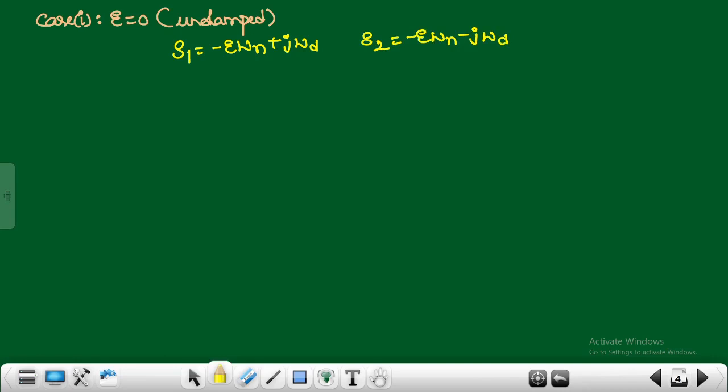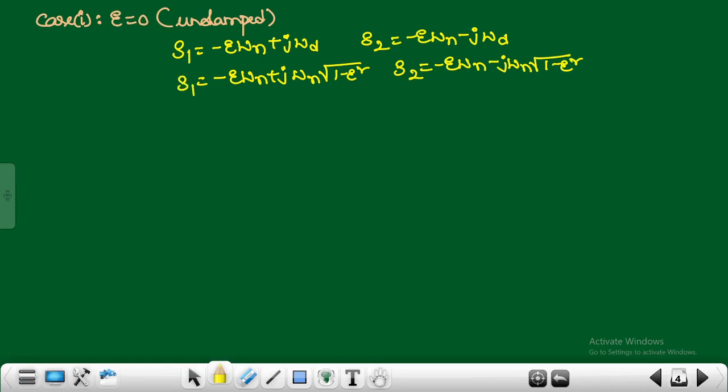You can write this as S1 is equal to minus zeta omega n plus j into omega n into under root of 1 minus zeta square, and S2 is equal to minus zeta omega n minus j into omega n into under root of 1 minus zeta square.